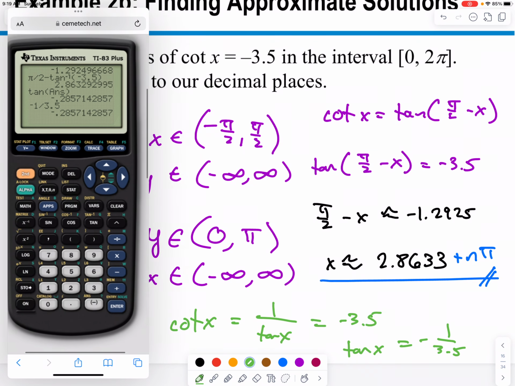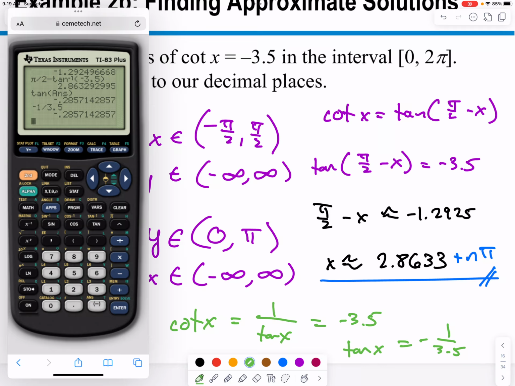Let me see. What if we let n be a negative 1? All right, let me get back to that result. Not that one. I think it's this one. Okay. So now, what if we say that answer? Matter of fact, I'm going to store this as alpha A just so I can have it on file.